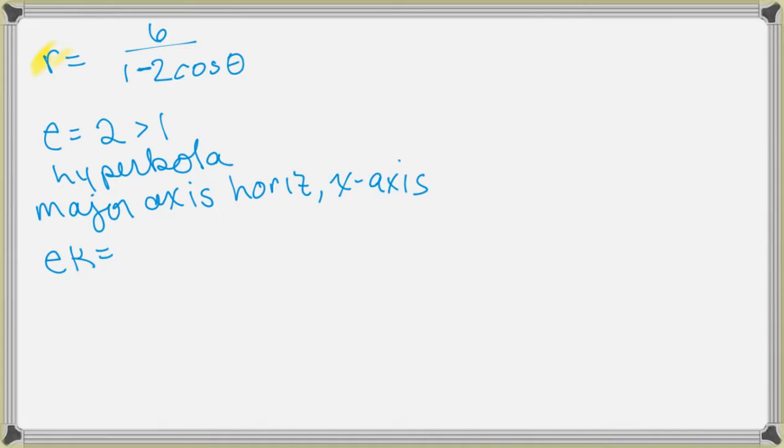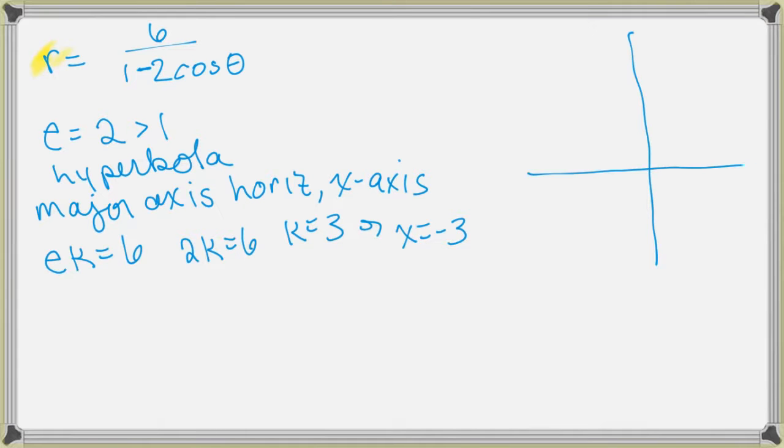E times K is actually the numerator, which is 6. And we know that E is 2. So that means K must be 3, which means the equation is x equals -3. That's the equation for the directrix. Again, the negative comes from it being a minus in the equation, and then the 3 just comes from looking at the top.